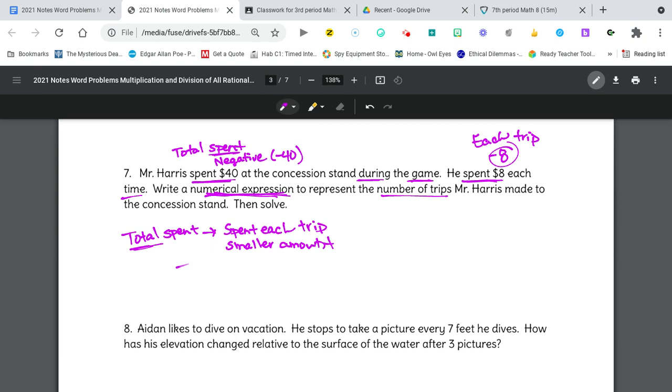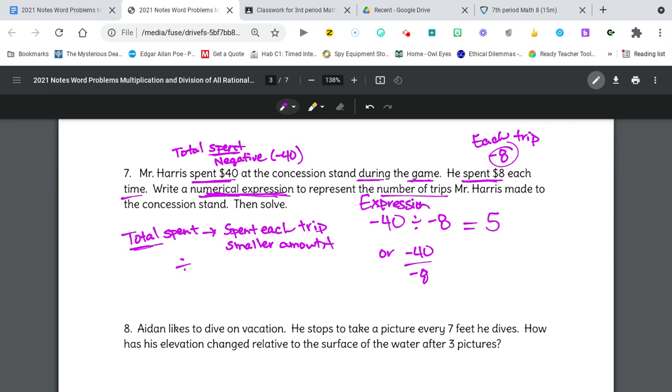Always the same when you're given the total. You just divide. So I'm going to take -40 and divide it by -8. Or you can write it like this. And it says, write the expression. This is the expression, guys.